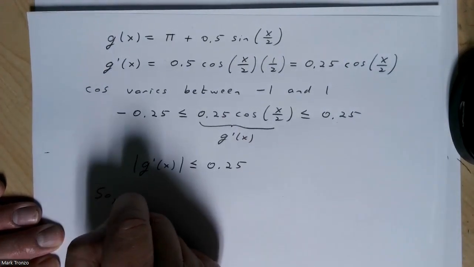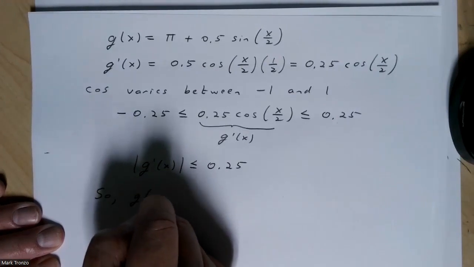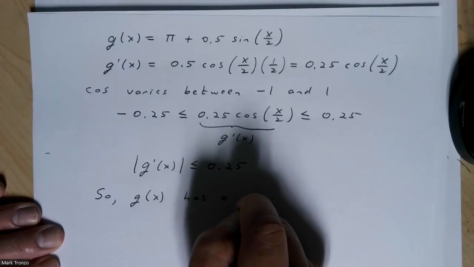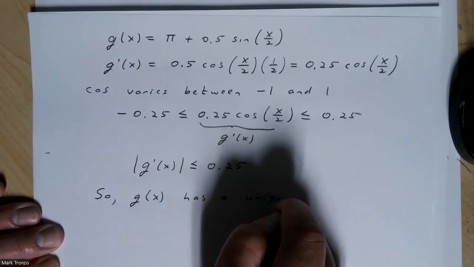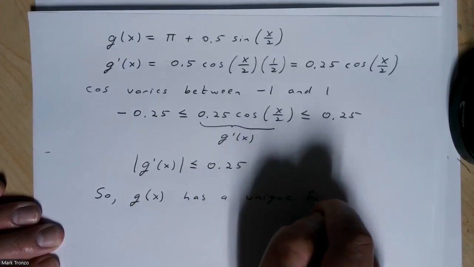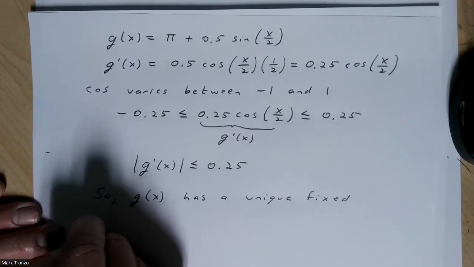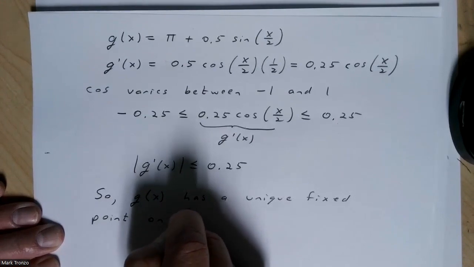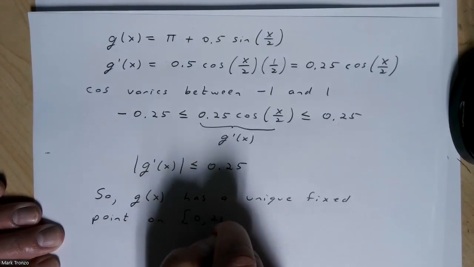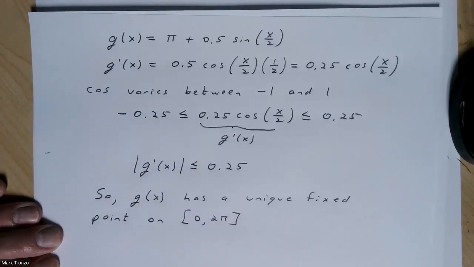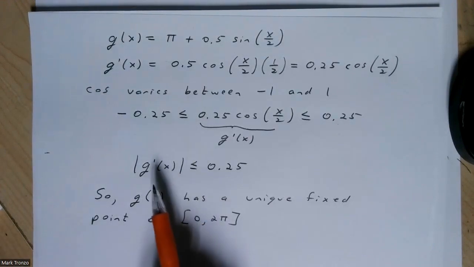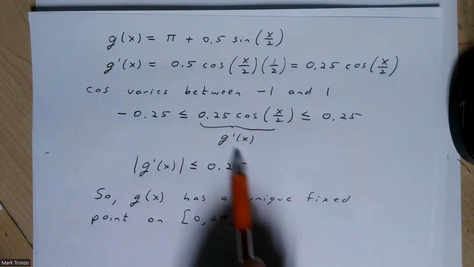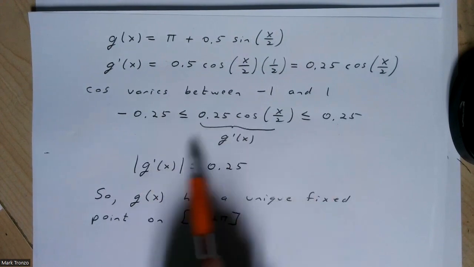So g of x has a unique fixed point on the interval 0 to 2 pi, because we were able to show that this derivative is bounded by 0.25.